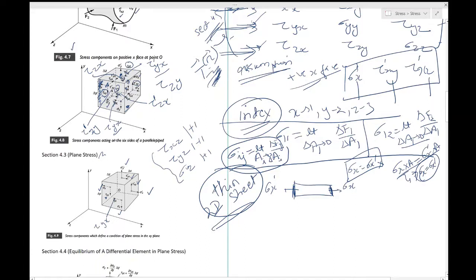And you will also be missing out on tau zx, tau zy, and so on. Okay, so this is not what you would be having, and the reason is the same as for the one-dimensional case. In the one-dimensional case, you didn't have a considerable y or z direction because it was a thin long wire, so the only prominent direction was x.